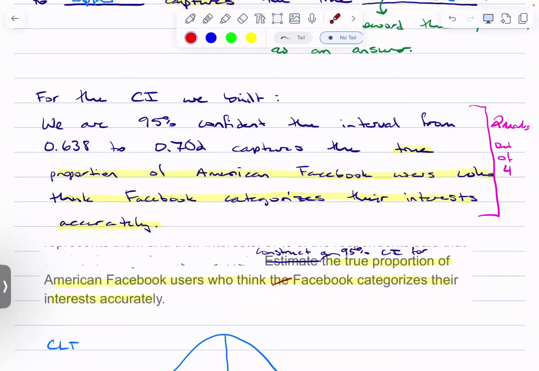I guess you could get wild and crazy and say we're 95% confident the true proportion of American Facebook users who think Facebook categorizes their interests accurately is captured by the interval from 0.638 to 0.702. Whoa. But I like to get the numbers out of the way and then just rephrase the question as an answer. Really only two ways that you can interpret it.